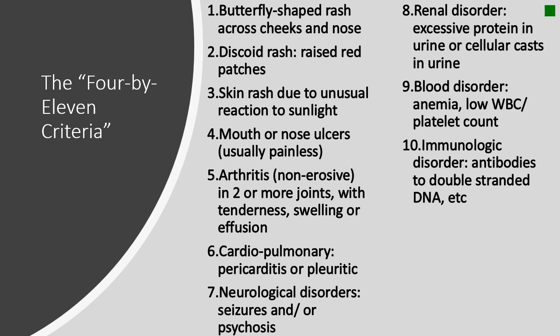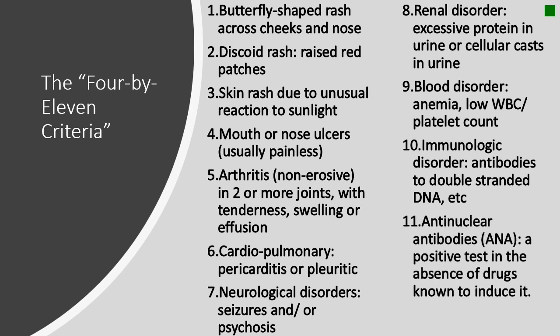Immunological disorders like antibodies to double-stranded DNA, etc. And anti-nuclear antibodies, the ANA test, if it is positive in the absence of certain drugs which are known to induce this particular condition. So these are the 11 criteria, and if a patient qualifies 4 out of these, in that case we can say that the person is likely to have SLE.